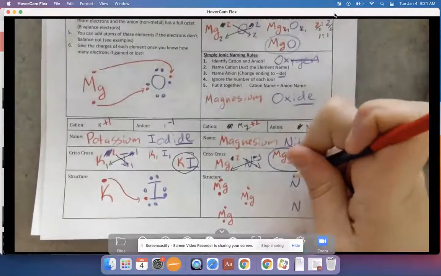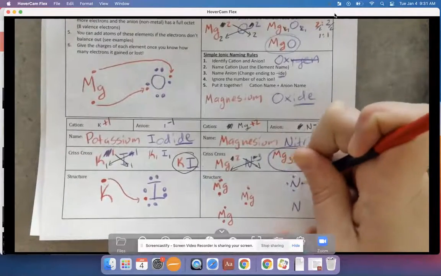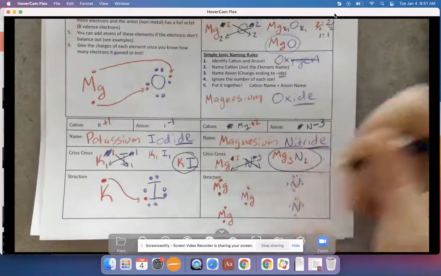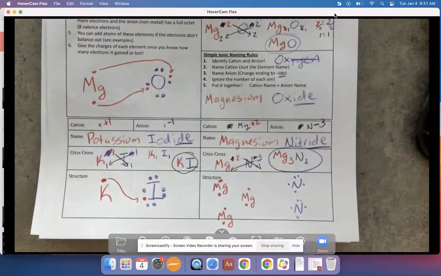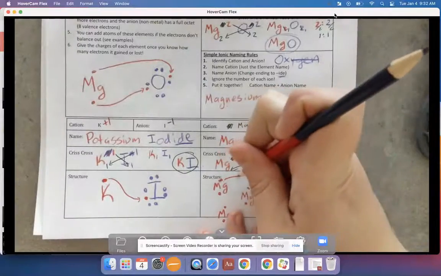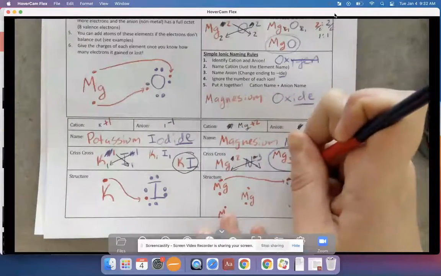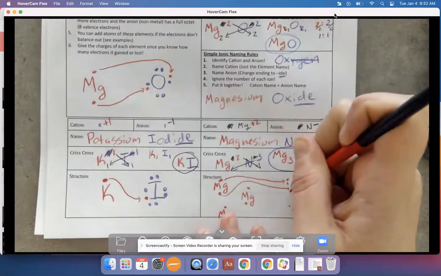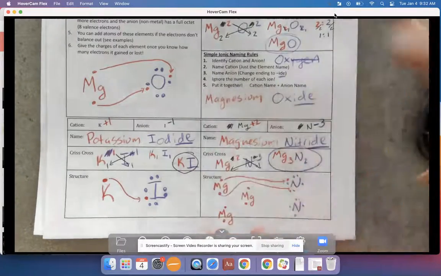Each nitrogen has 5. The one that has less is going to give it to the one that has more. So magnesium is going to give 1 here and 1 here. But we have a problem.